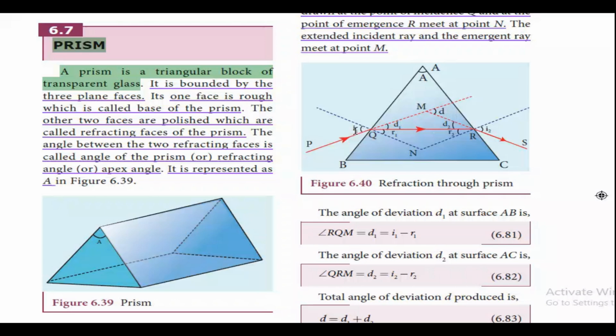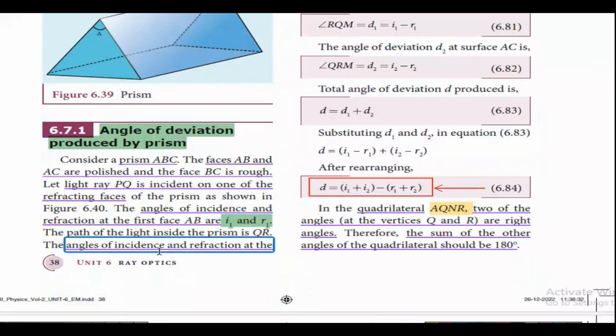Here I1 is the angle of incidence, and I2 is the angle of emergence, and R1 and R2 are the angles of refraction. A is the angle of the prism, which is about 60 degrees for an equilateral prism. The angles of incidence and refraction at the first face AB are I1 and R1. The path of light inside the prism is QR.